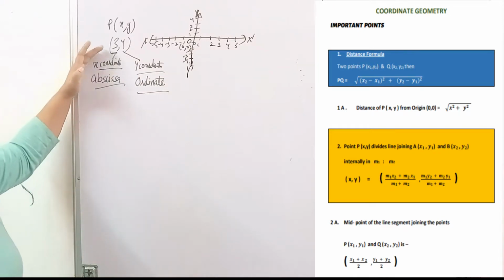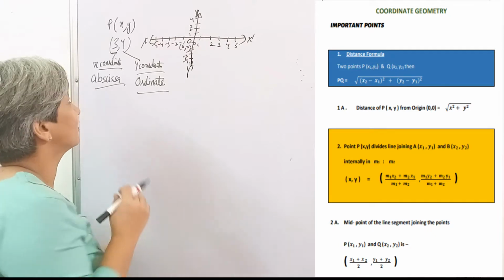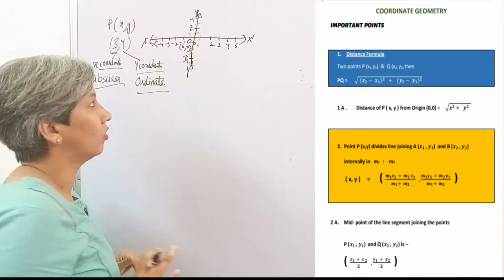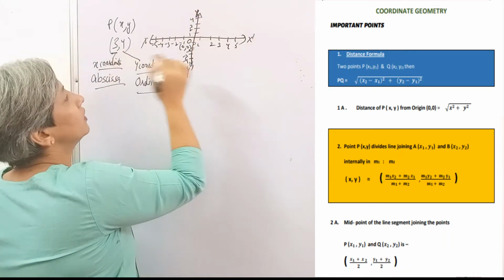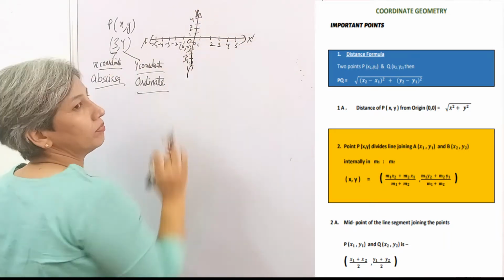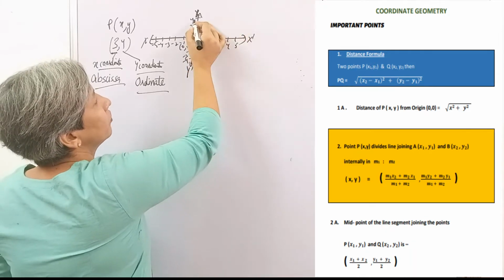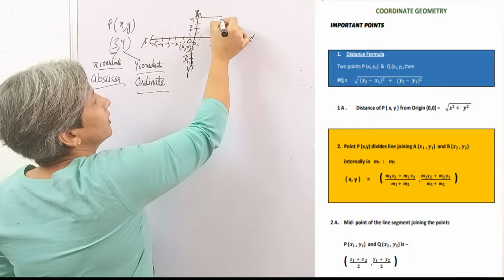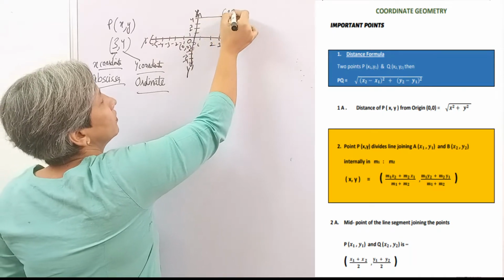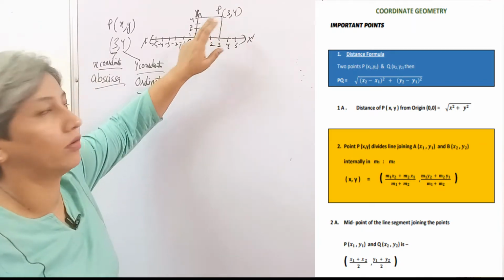If I'm plotting the point (3, 4) on my number system, I'll take 3 here and 4 here. If we make the lines meet, this is my point (3, 4), which you're already aware of. You know how to plot a point.